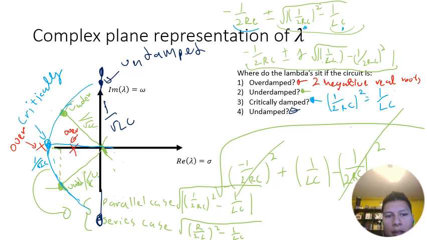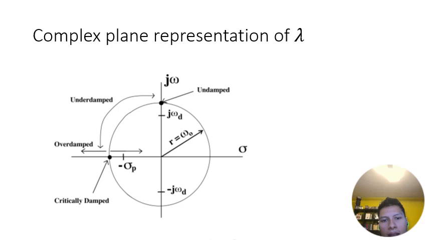Okay, so if you look at the roots on the complex plane, now you get an idea of how they distribute themselves. So in particular, the critically damped case sits here. The overdamped cases sit at some distance away from the critically damped location. And then if you have underdamped, they're going to sit somewhere along this axis. And then the undamped cases will sit at this node.